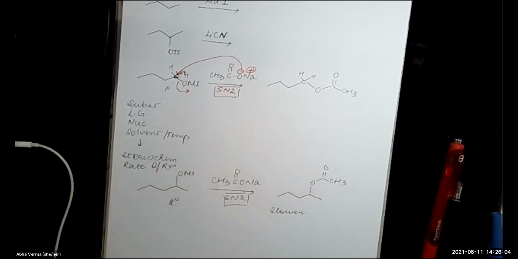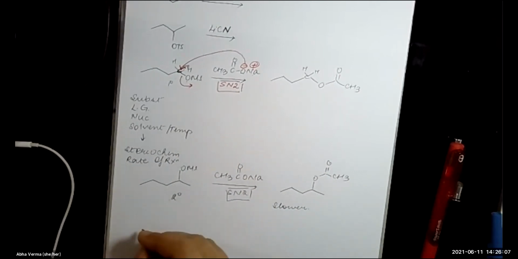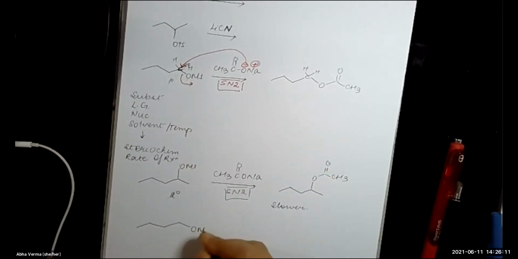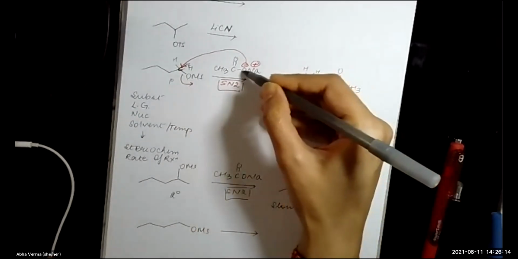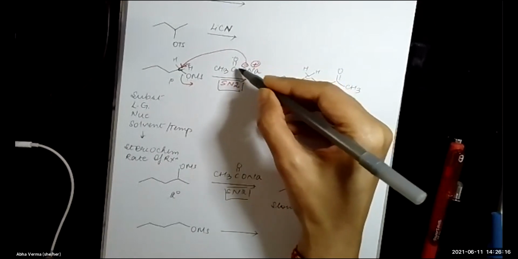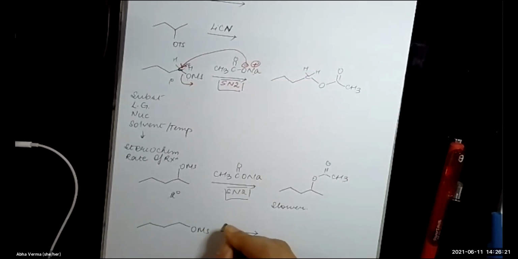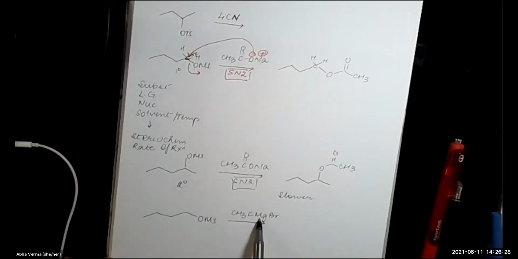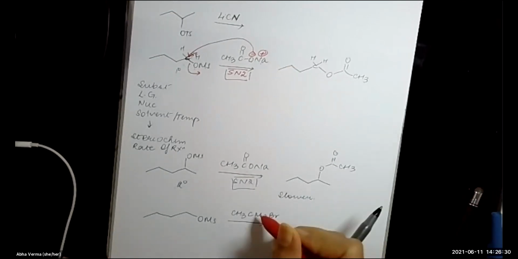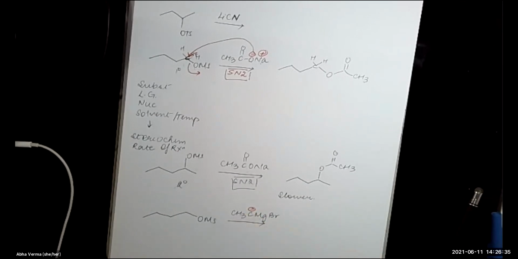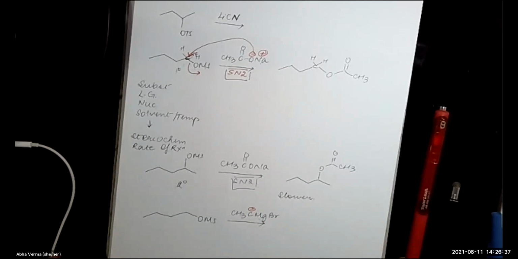Let me give you one more example. Let me use the same leaving group. But instead of this resonance stabilized electron donor, let me write CH3CH2MgBr. So Mg is magnesium, will have a positive charge. The carbon next to it will also have a negative charge on it.